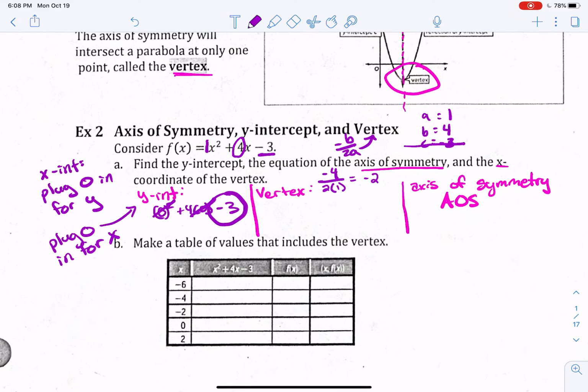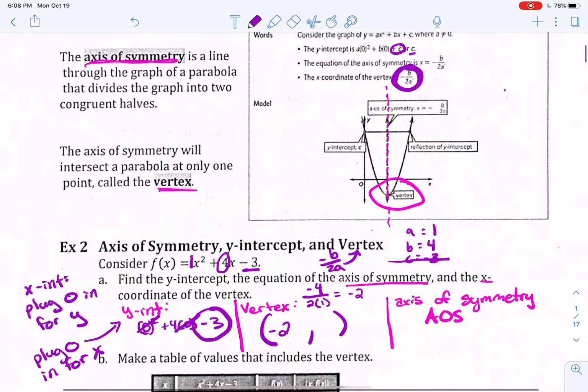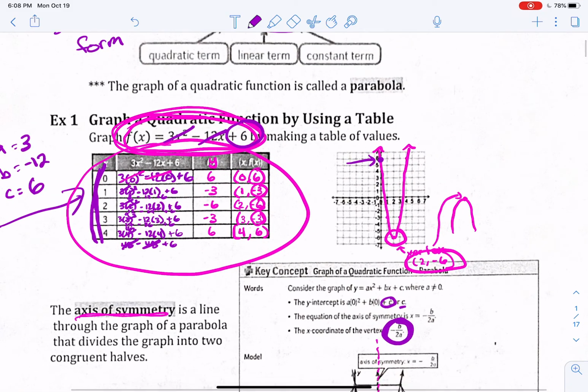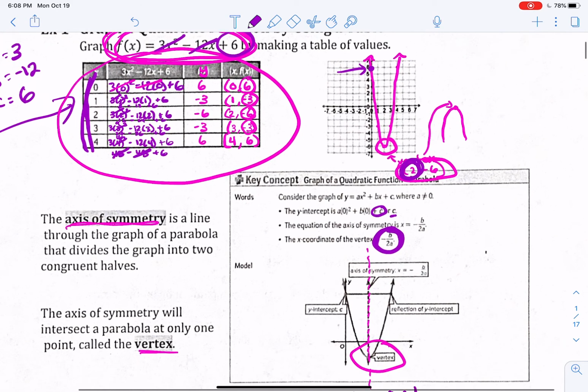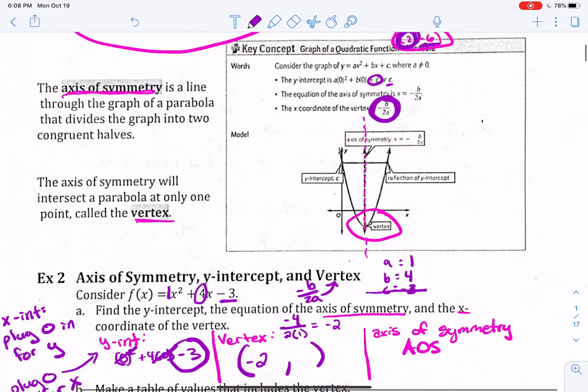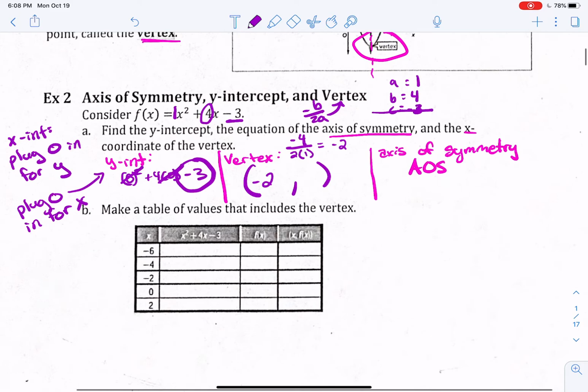Okay, now that will give me the x-coordinate of the vertex. Like up here, that gave me this part right here, just that value. Now I need to find the y-coordinate. So the way that I do that is I take this negative 2 and I plug it in for x into this equation up here.